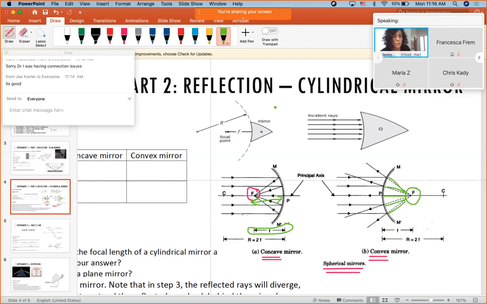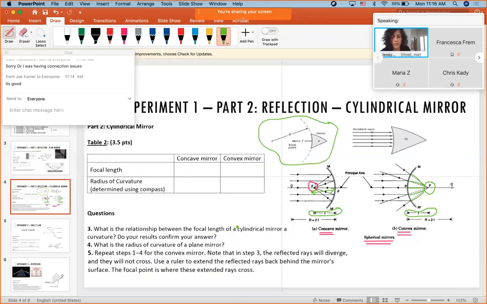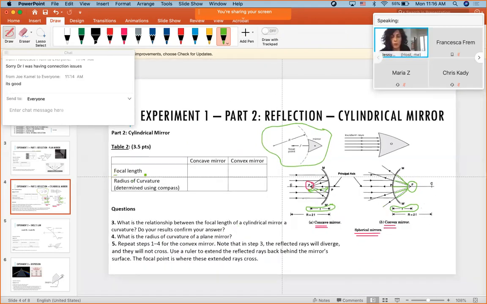So your job is to measure the radius using this method or any other graphical method using a ruler. And your job is to measure F also using the ruler, and eventually to compare if R is twice F. Now, what is the part of the lab report? The focal length, you do it once for the concave, once for the convex, using this ray tracing method.